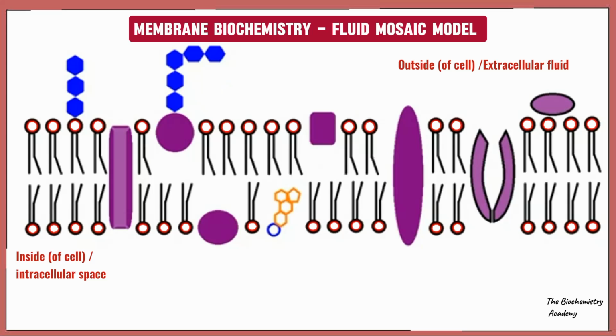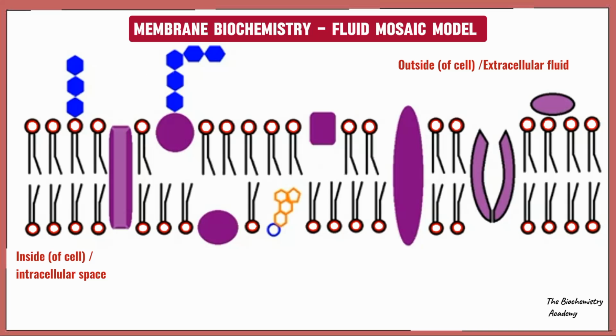Now, this glycoprotein, they play a role in the immune system with antibodies, which function in cell recognition and cell-to-cell interaction. Now, when a sugar is attached to a phospholipid, like in our diagram here, it is called a glycolipid, and a glycolipid plays a role in cell-to-cell interaction and cell signaling.